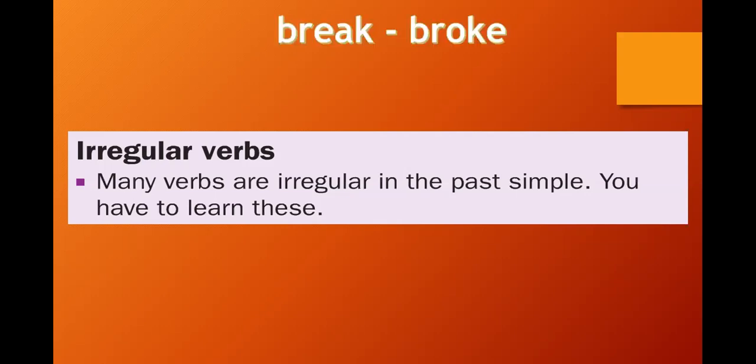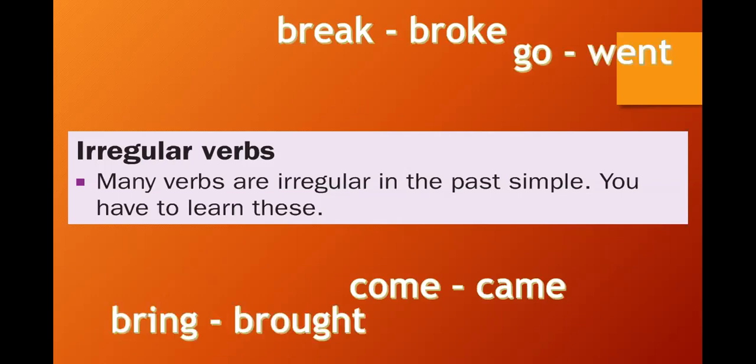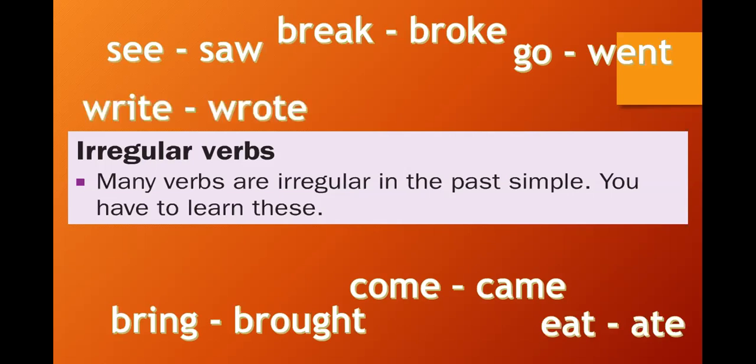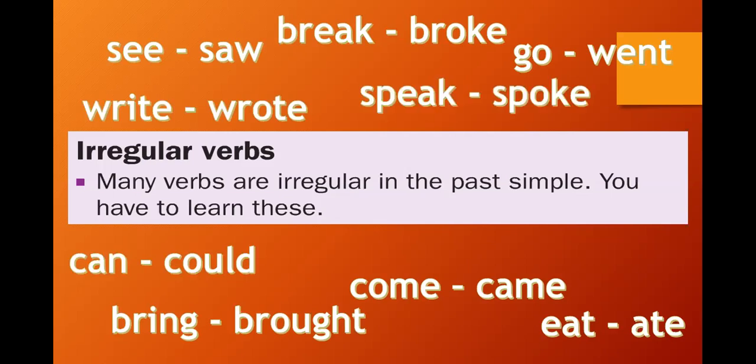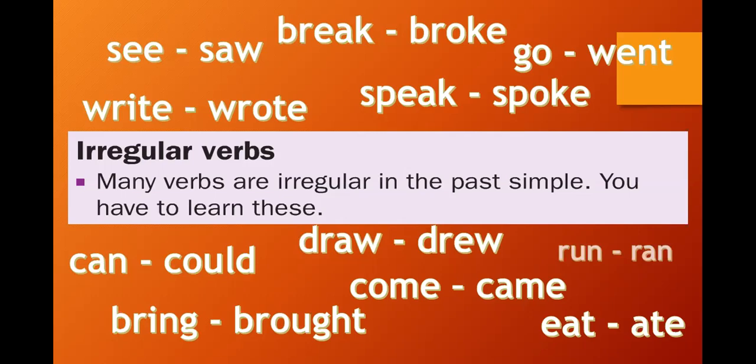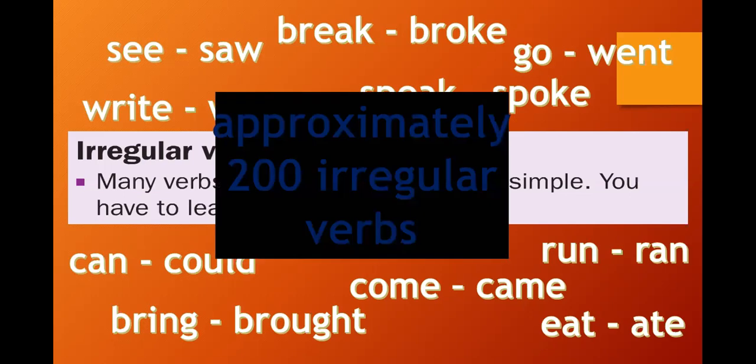For example, break, broke, come, came, go, went, bring, brought, see, saw, eat, ate, write, wrote, can, could, speak, spoke, draw, drew, run, ran. Okay? And we have approximately 200 irregular verbs.